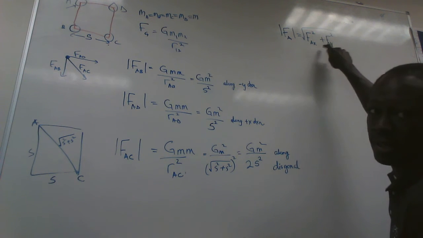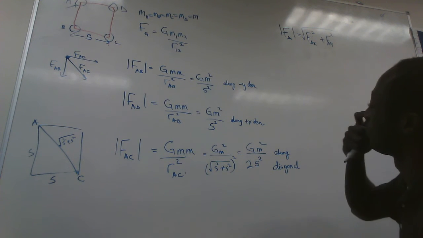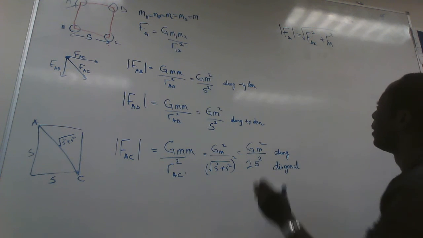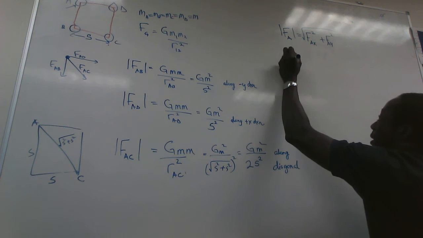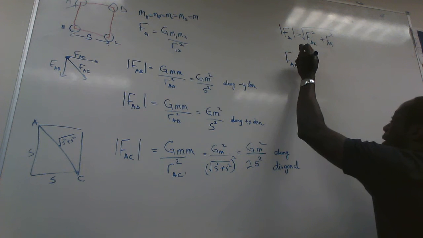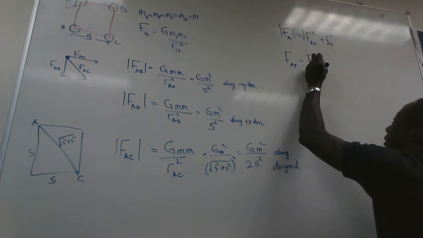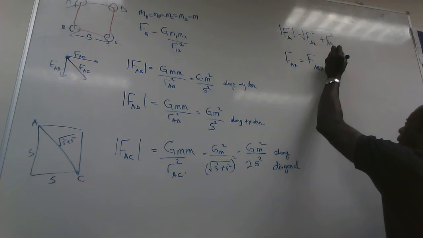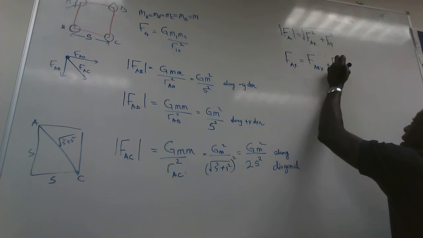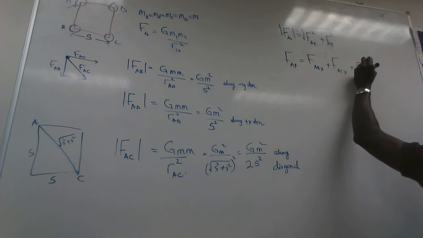So we need to find what the x and y components of this resultant force are acting on object A. To find the x component, that will be equal to the x component of FAB, FABX, plus the x component of FAC, FACX, plus FADX.